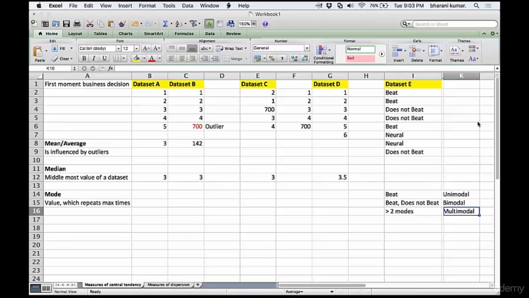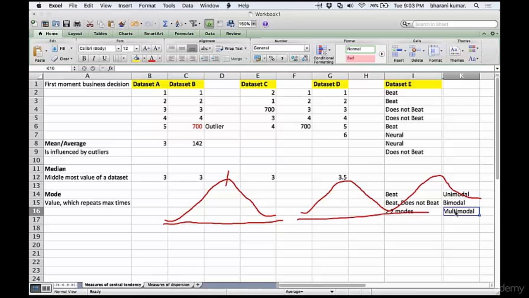For now, just remember this diagram. If you have only one peak, this is how your probability distribution would appear. For now, just don't worry about anything else. Just focus on this. If you have one peak, it is called unimodal. If you have 2 modes in that way, it is called bimodal.